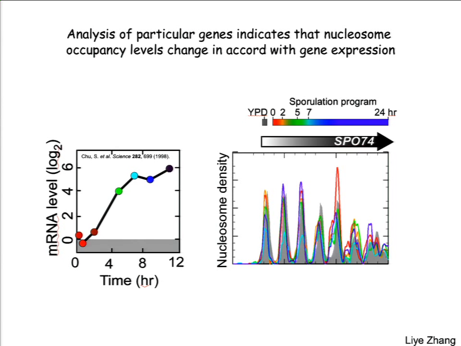Sporulation genes: the occupancy level drops where you might expect the gene to be turned on. So we do see the typical things where nucleosomes get depleted when genes get turned on because the RNA polymerase transcribes that gene. But then those nucleosomes come right back to the same place.